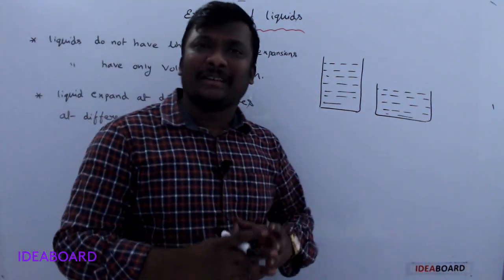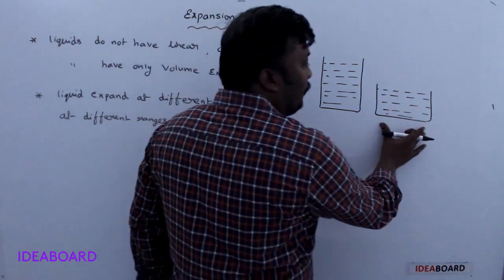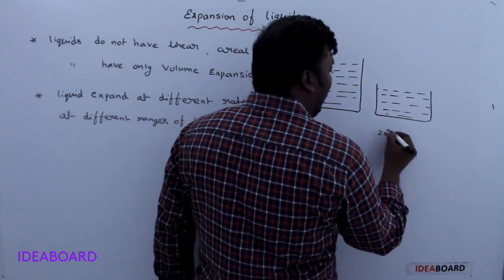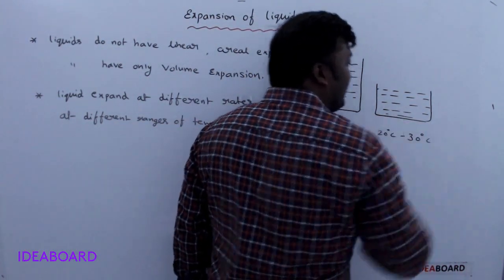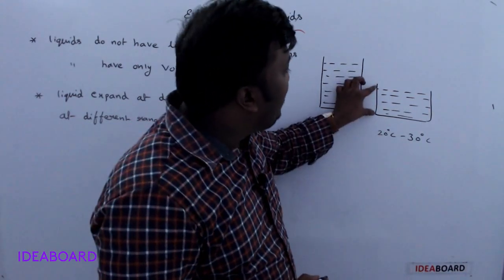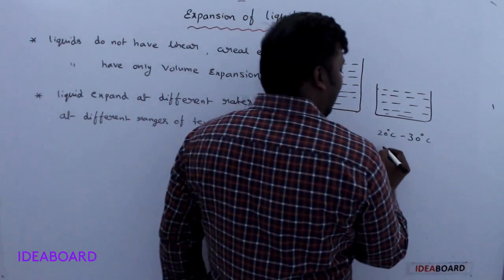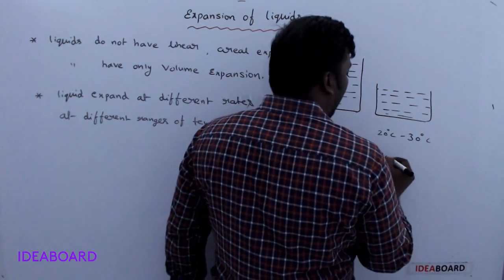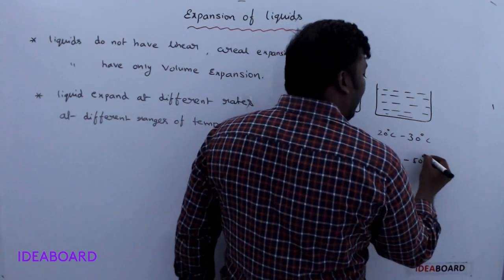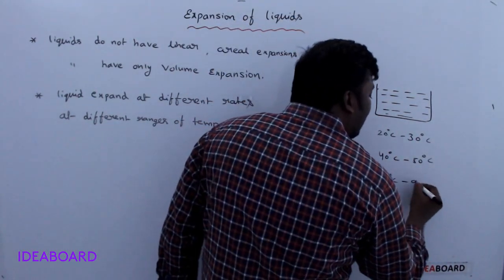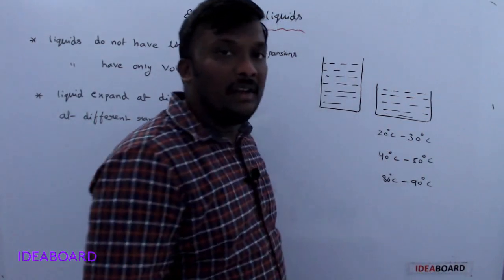What does that mean? Suppose you heated this vessel from 20 degrees Celsius to 30 degrees Celsius, expansion of liquid is there. But that expansion is different from 40 degrees Celsius to 50 degrees Celsius, and is also different from 80 degrees Celsius to 90 degrees Celsius.